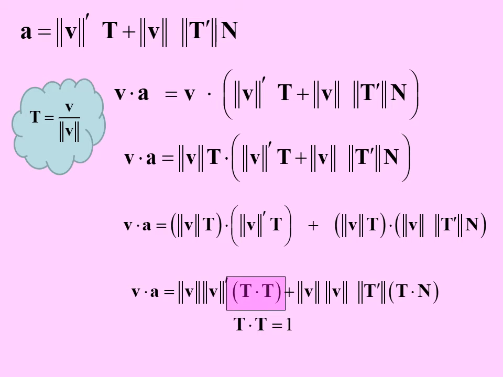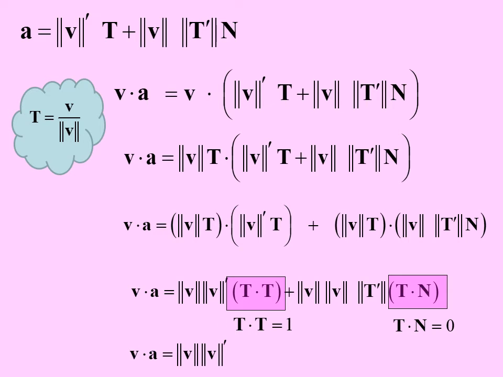Now, first off, the T dotted with T, the unit tangent vector dotted with itself, is a 1, and the T dot N, any vector dotted with a vector perpendicular to it, is going to be a 0. So we can totally eliminate all of this second term since T dot N is a 0, and we end up with this.